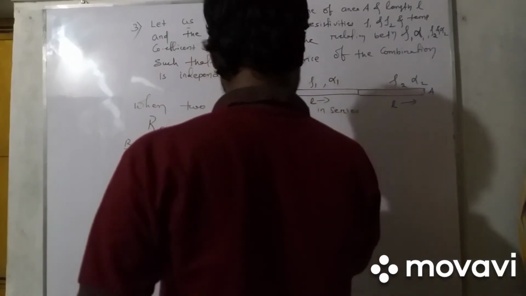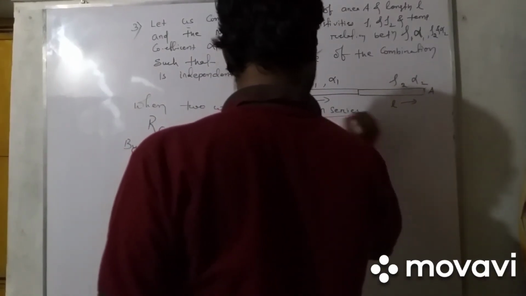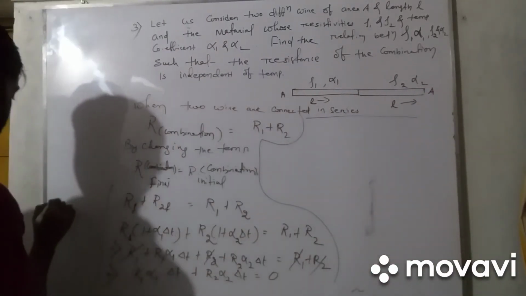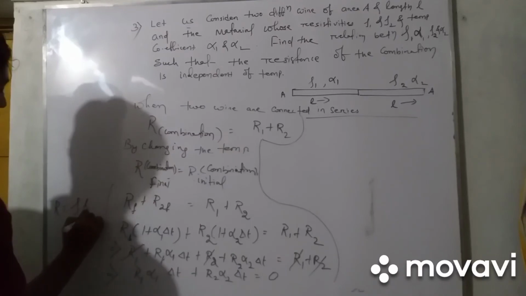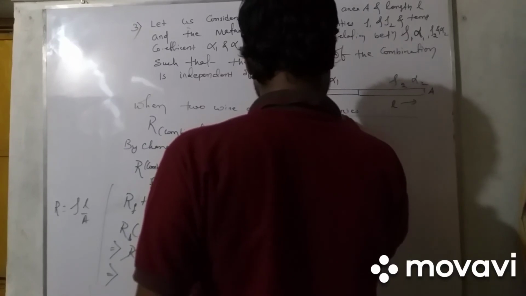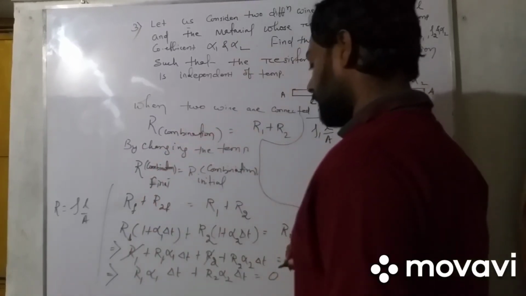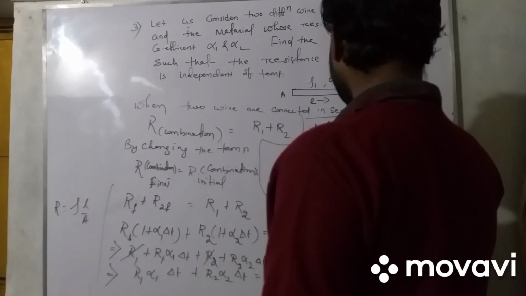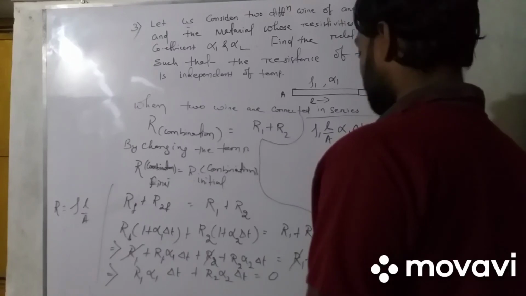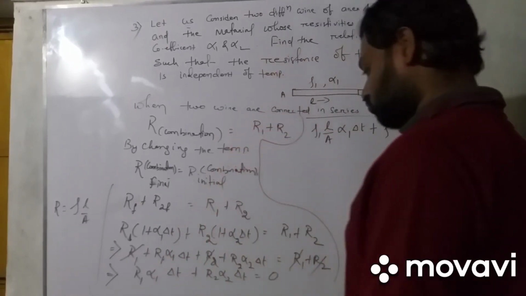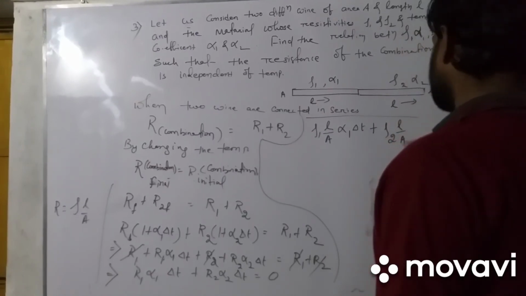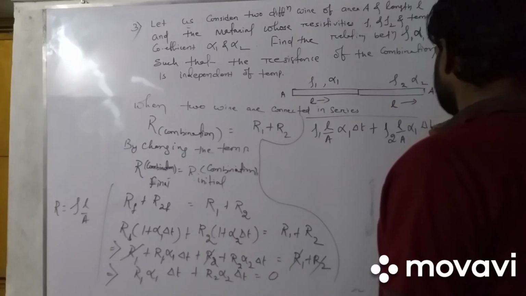As we know, R is given by rho L by A. So R1 can be represented as rho 1 L by A alpha 1 delta, plus R2, L by A, alpha 2 delta, equal to 0.